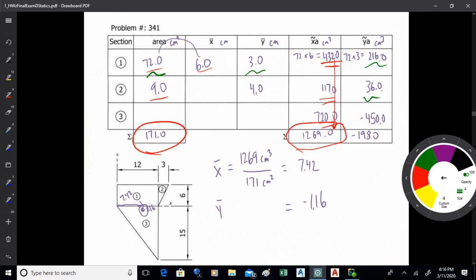And then the last one, I think it's negative 5 times whatever that is, 90, and I'll get negative 450. I add those up like that. I get negative 198, and I divide it by the total area, 171. And I'll get negative 1.16.